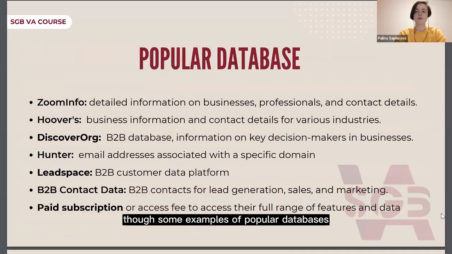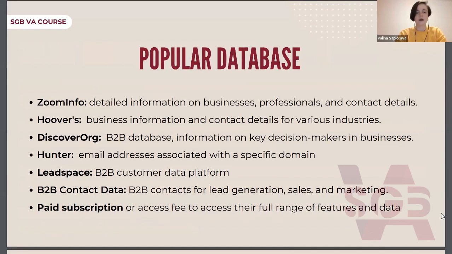So some examples of popular databases. ZoomInfo actually provides detailed information on businesses, professionals, and contact details. Hoover's, again, business information and contact details for various industries. Discover.org, mostly a B2B database that actually has information on key decision makers and businesses.